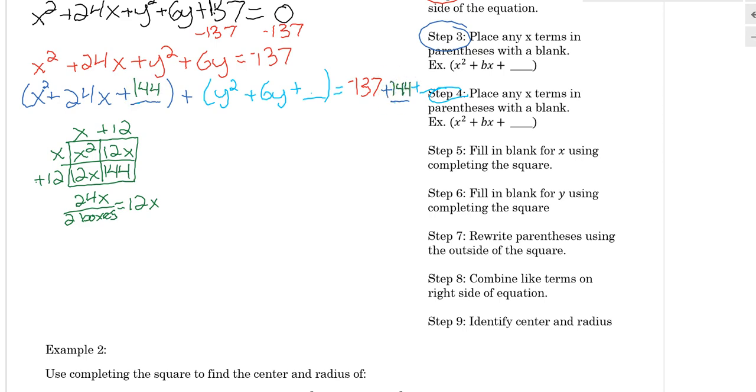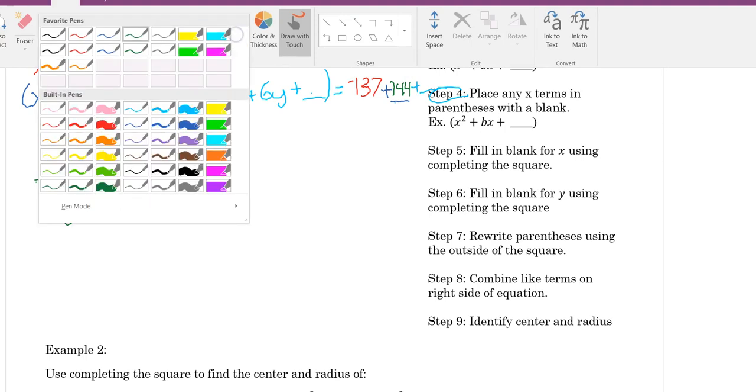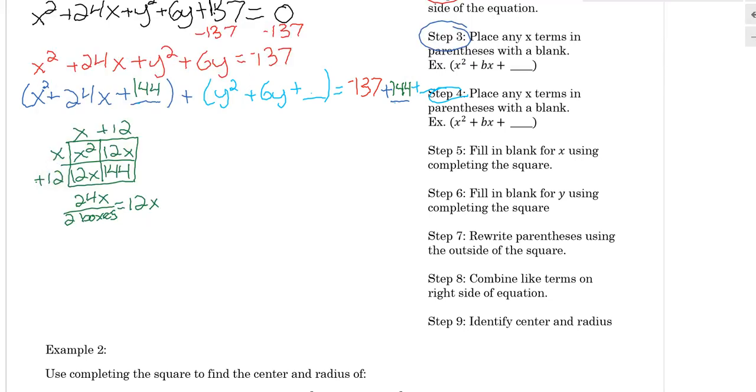Okay. Then I have to do the same thing for my y's. Y squared, and I have 6y divided by the two boxes. So 3y here and 3y here. Y squared is y times y times positive 3, y times positive 3. 3 times 3 is 9. And 9 goes there.